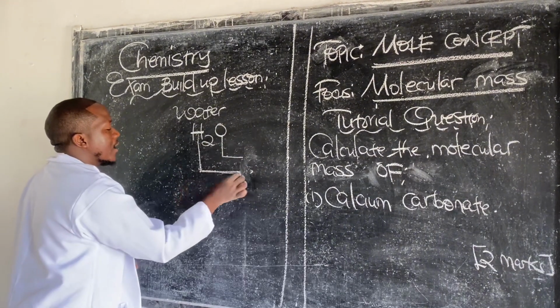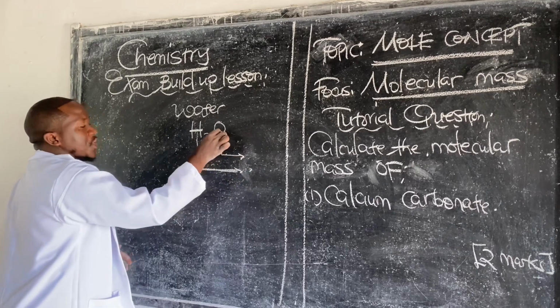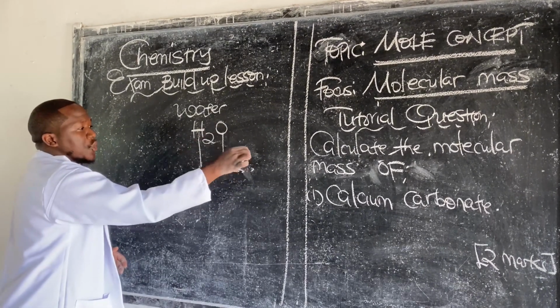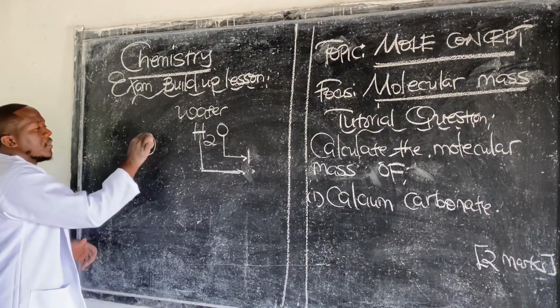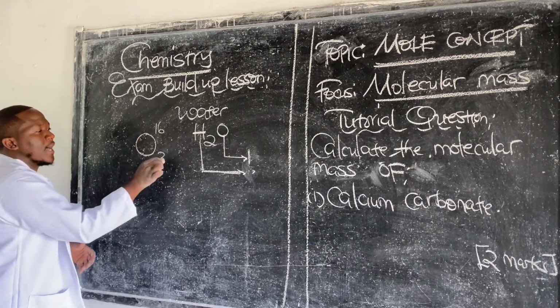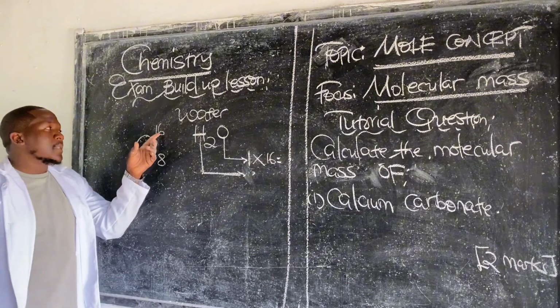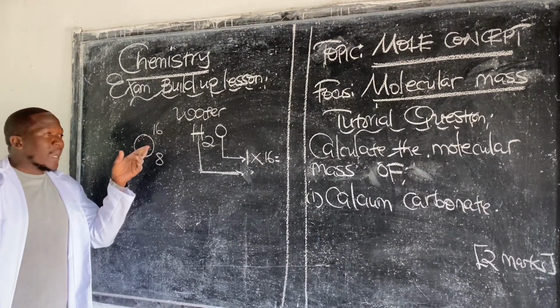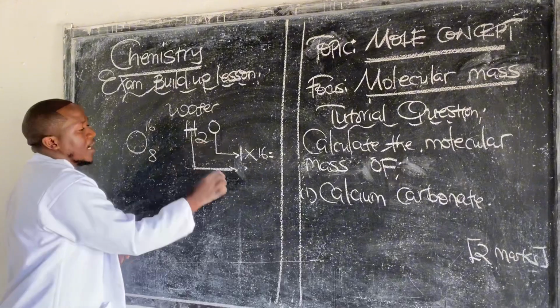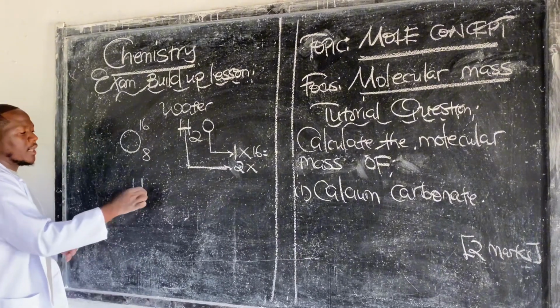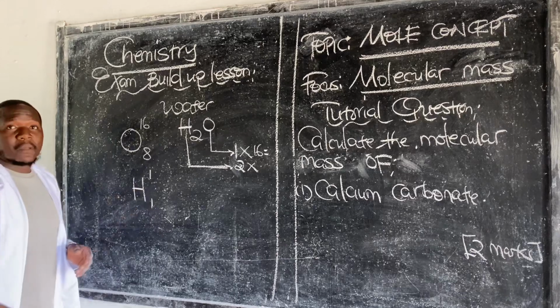If we check here, we're going to find that oxygen doesn't have an existing number of atoms. We can assume it's 1. Oxygen on the periodic table has 16 and an 8, which means we're going to multiply by 16, because this is the mass of 1 atom of oxygen. Then hydrogen is going to be 2 multiplied by hydrogen on the periodic table, which is 1, and 1 as a proton number.